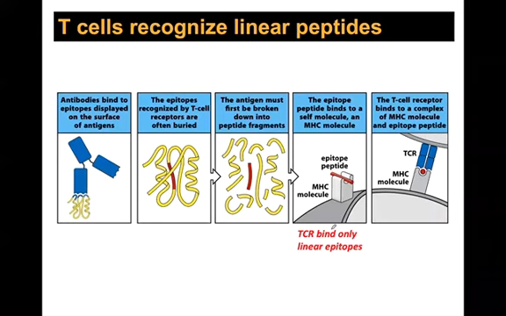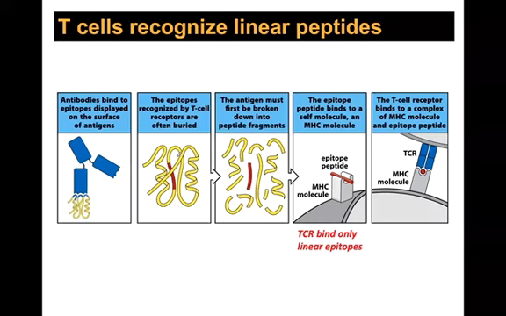And so when you look at the difference between T cell recognition and antibody recognition, antibodies bind to structures or shapes, okay? They're going to bind to parts of a protein that may or may not be contiguous in terms of the amino acid sequence, but they're brought together during protein folding. And so those, by definition, have to be on the surface of the protein. But oftentimes, the epitopes that are presented to T cells are from linear sequences of amino acids that are buried inside of the protein, okay?